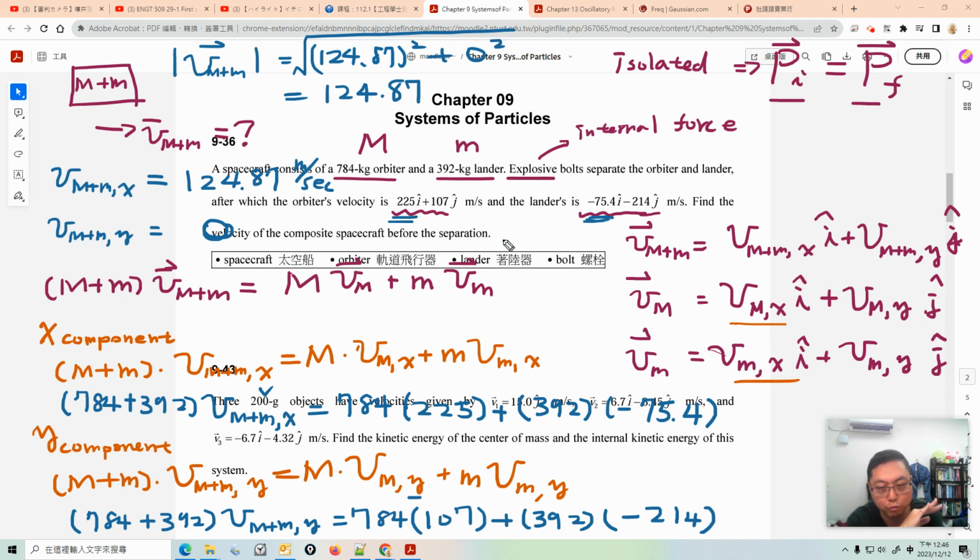Just list the equation for the x direction and another equation for the y direction, and then be careful what is the x component for the orbiter and the x component for the lander. Don't put in the wrong numbers. I still find some students put in the wrong number. It's an easy problem, but if you put the wrong number in there, you still don't get the answer.